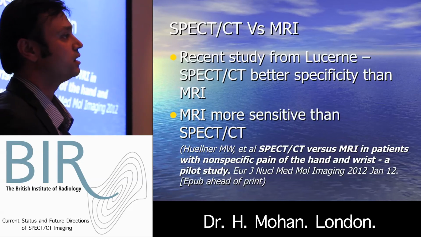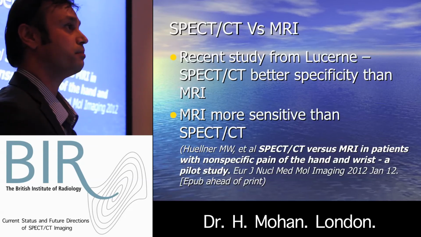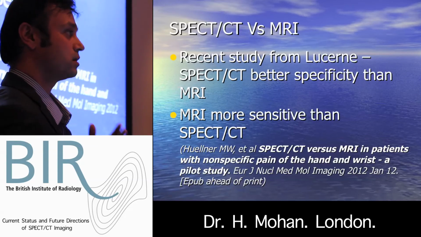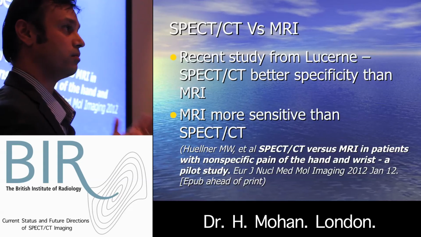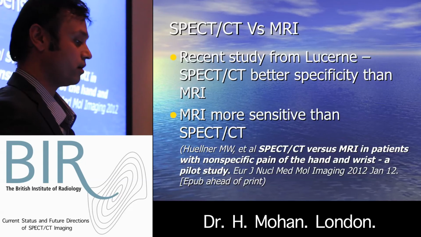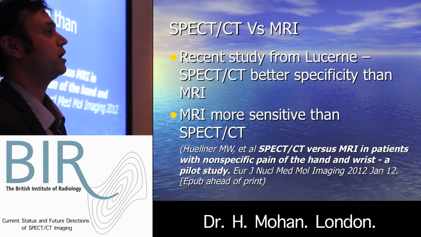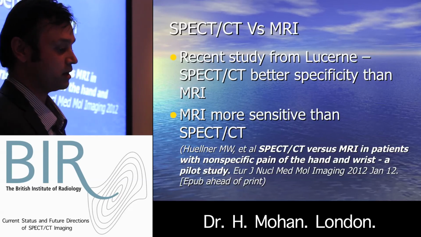And they found that MR is highly sensitive, much better than, of course, SPECT CT, but its specificity was lagging, just like bone scan specificity was lagging previously. They found that SPECT CT had a much higher specificity compared to the MR, and therefore the two would be a good complementary solution.